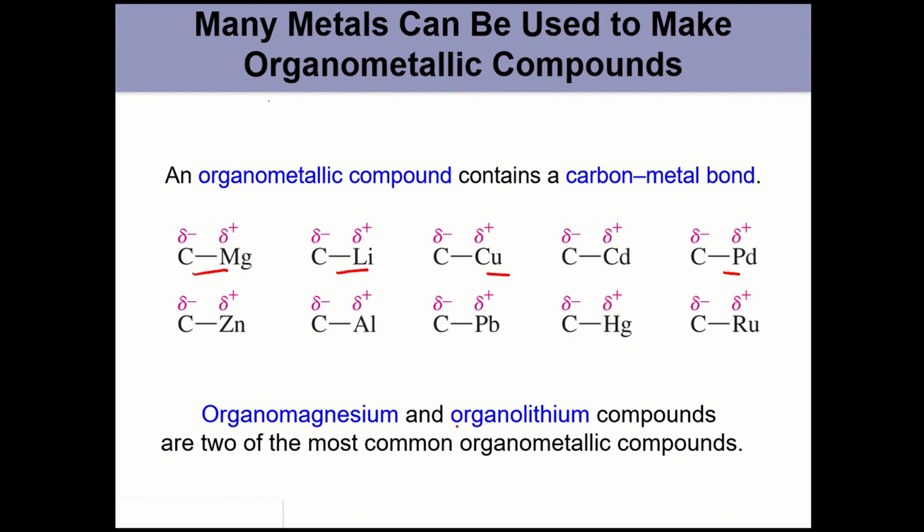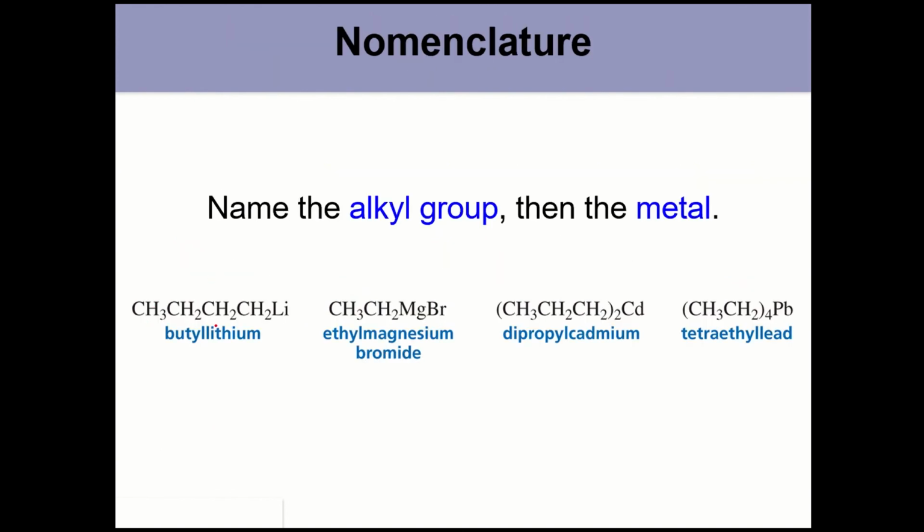Lithium-containing ones, organolithium. For example, simple molecules that you already know: if you have lithium attached to butane, we can call this butyl lithium. You can see how this structure goes. You have ethyl magnesium bromide.